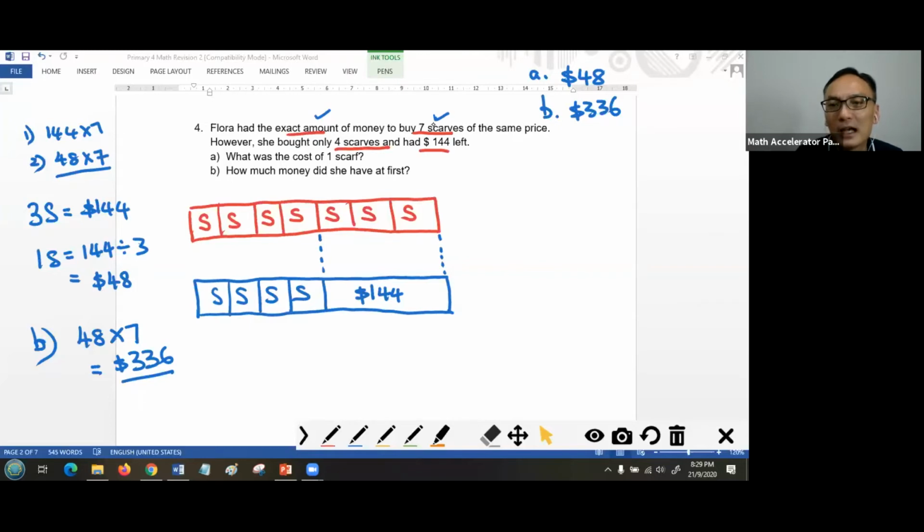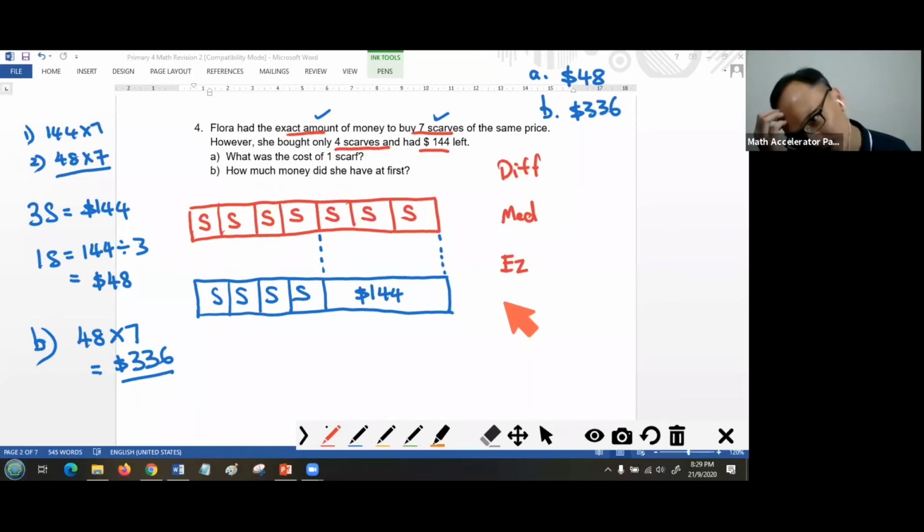Difficult, type DIFF. Easy, then medium, you type MED. If it's easy, you just write the short form EZ. Medium means okay, sometimes you can solve it, sometimes cannot. Easy means one look at it, I already know I can use a model to solve this question.